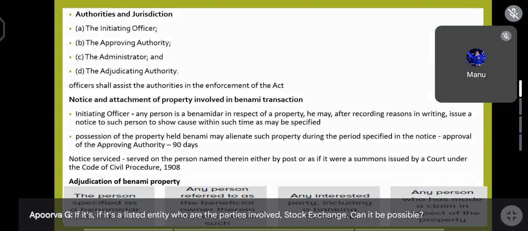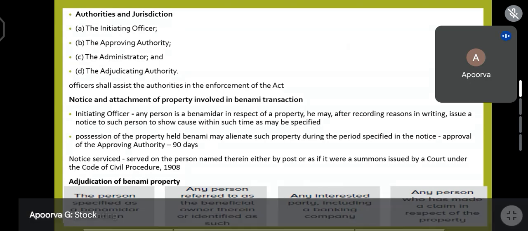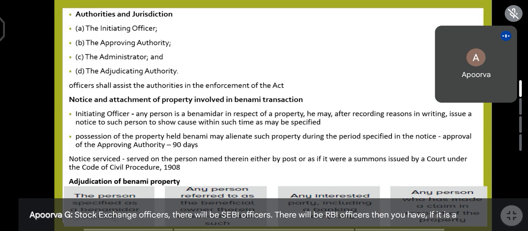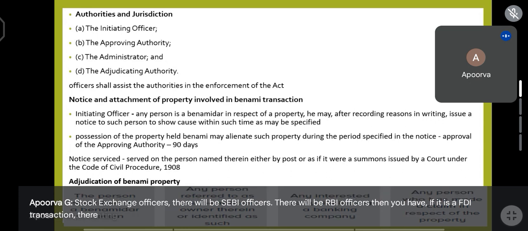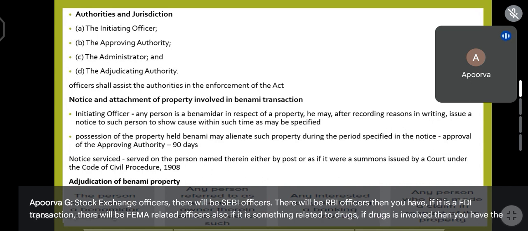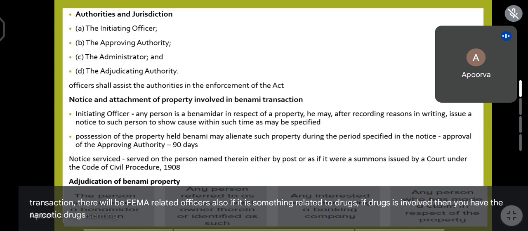Yes. Stock exchange officers, there will be SEBI officers, there will be RBI officers. Then, if it is an FDI transaction, there will be FEMA related officers also. If drugs are involved, then you have the narcotic drugs set of officers also involved.